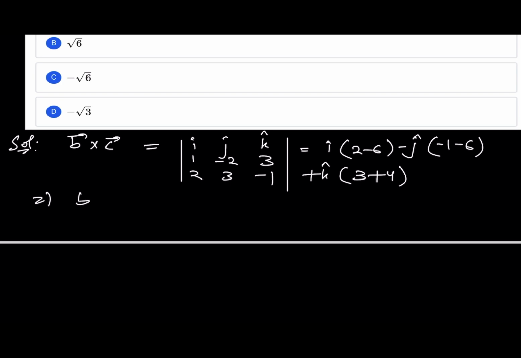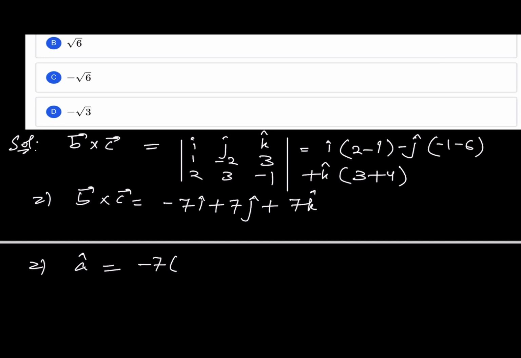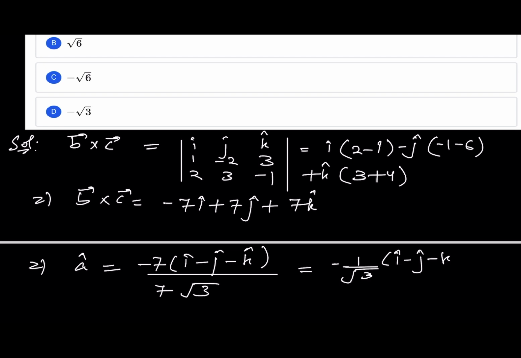So B cross C is minus 7 i cap plus 7 j cap plus 7 k cap. So a cap can be minus 7 times i cap minus j cap minus k cap by 7 root 3, or minus 1 by root 3 times i cap minus j cap minus k cap.